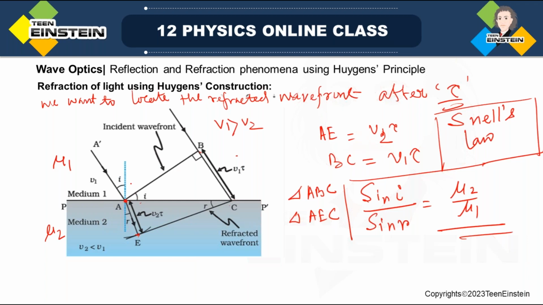See, this particular angle is 90 degree, and this angle must be 90 degree. So this must be 90 minus I, because this is the ray, this is the wavefront.